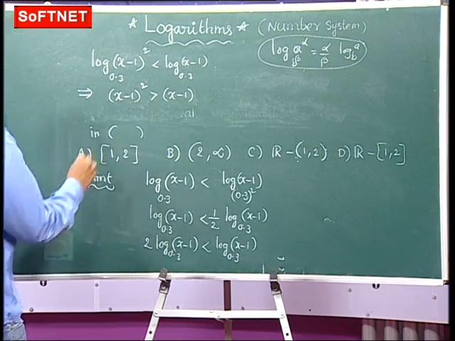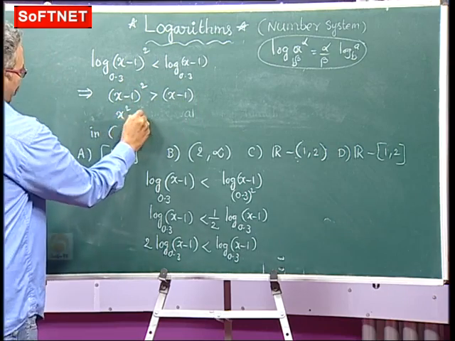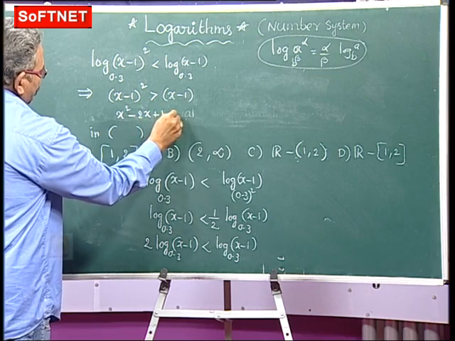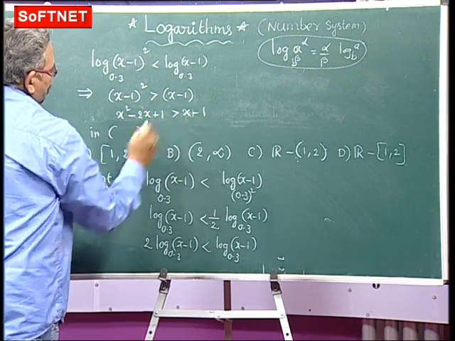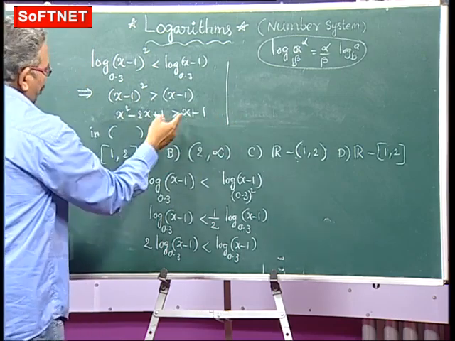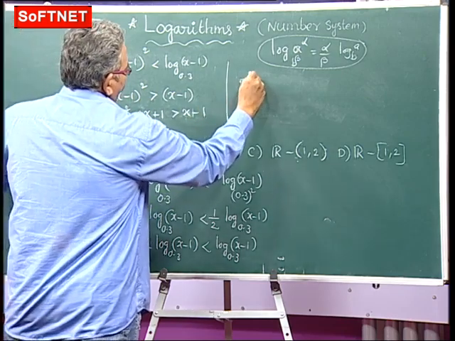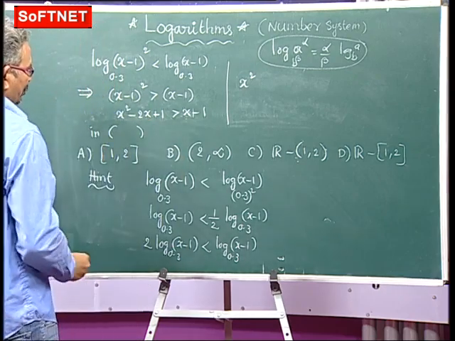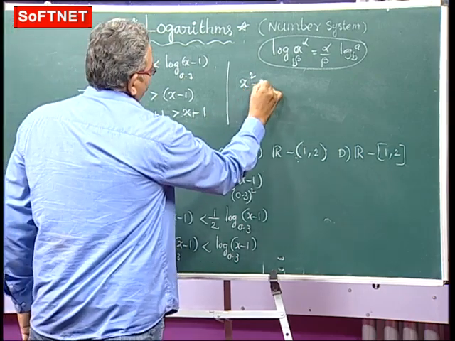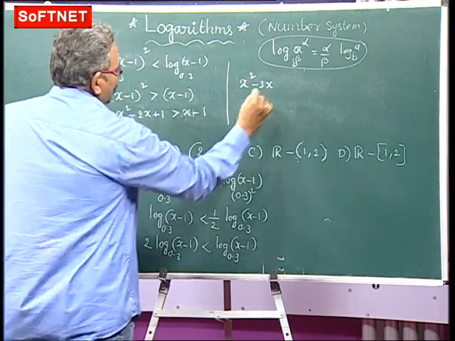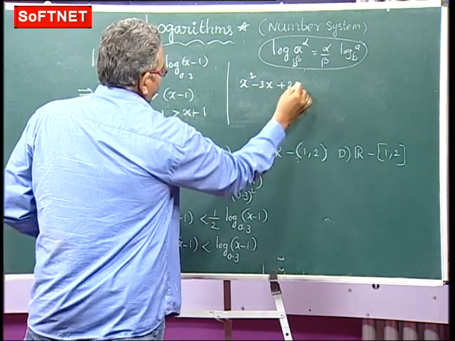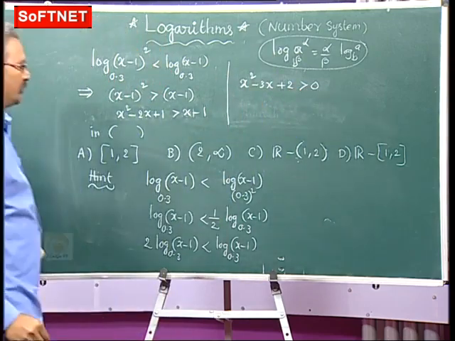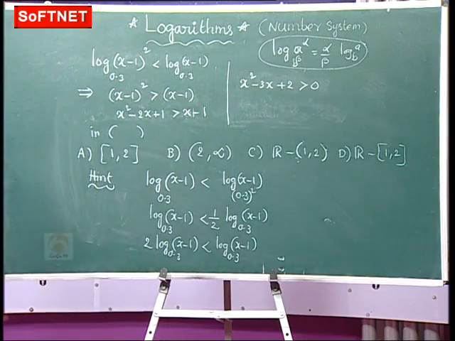Just you simplify it. x square minus 2x plus 1 greater than x minus 1. If you simplify, x square minus 3x plus 2 greater than 0.